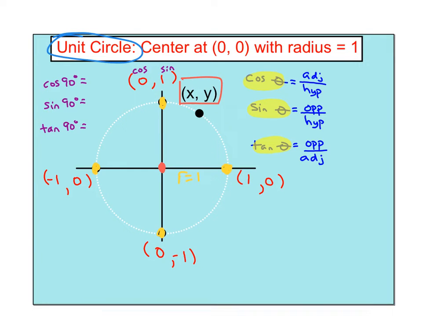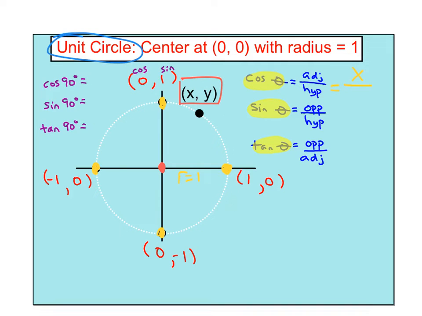So what that lets us do is, if we go back to what we just talked about, the cosine of an angle is always the adjacent over the hypotenuse, right? And we draw the reference angles. So the adjacent is always just going to be the x-coordinate of the point.